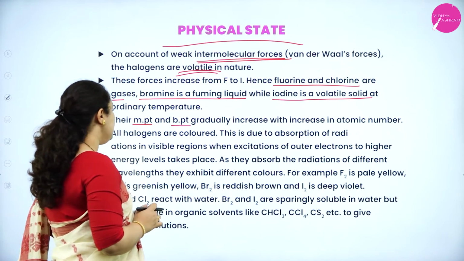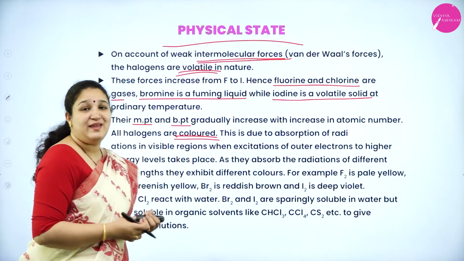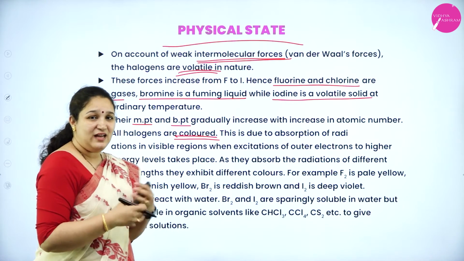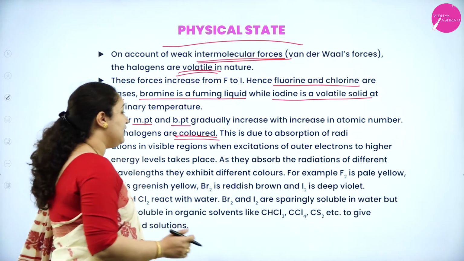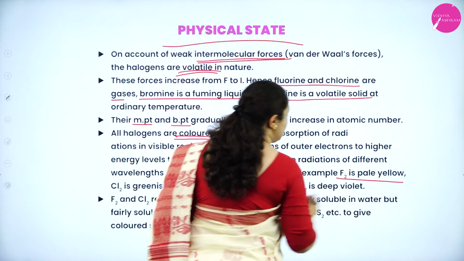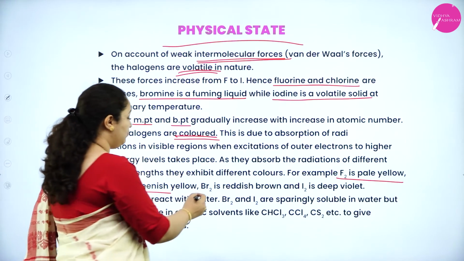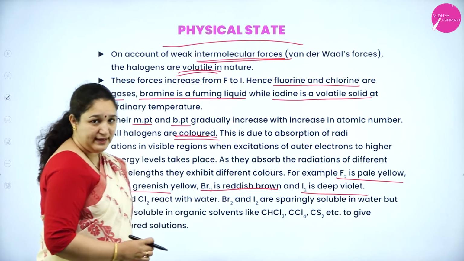Next, halogens are colored. That is, they absorb the radiation of a particular wavelength and the electrons get excited. Due to this, they will show some color. Fluorine, F2, is pale yellow, chlorine gas is greenish yellow, bromine is reddish brown, and iodine is deep violet.